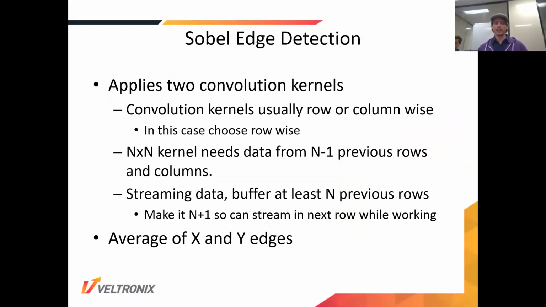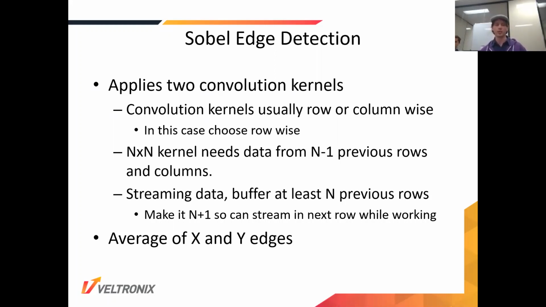So now that we've chosen an application, we can start to consider the processing that's required. So for Sobel, it's a convolution kernel that is applied to the image. Now usually when we're applying convolution kernels, we apply them either row-wise or column-wise. And it's a pretty arbitrary decision, as long as the image source that you're sampling from can give you data in the way that you need.